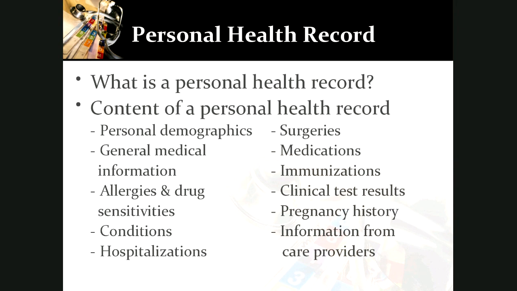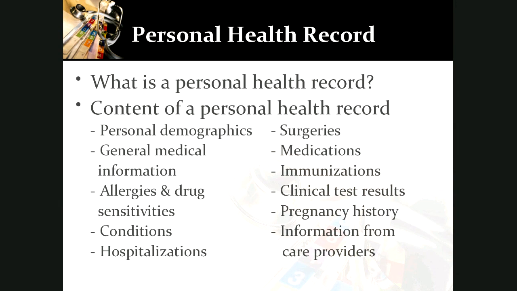And every time they would see a physician, their family physician or a specialist, they would take that with them so that the doctor could see exactly what had been going on. And it prevented them having to go through test duplications and different things like that.